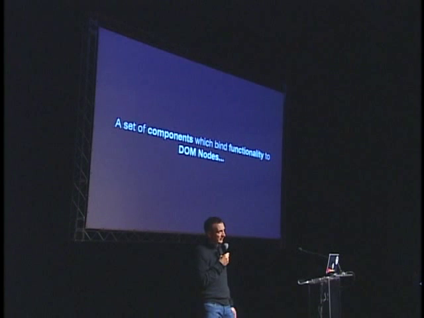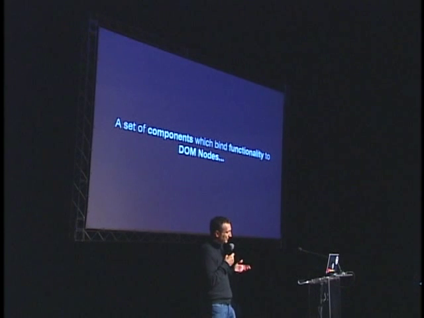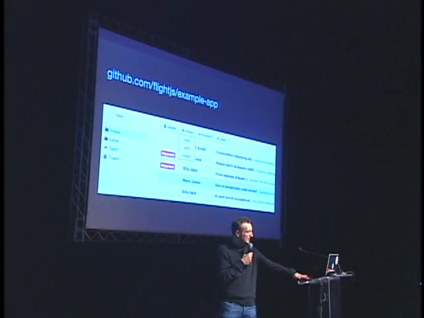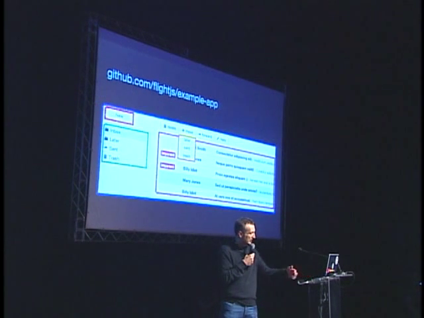And very short summary, Flight is a set of components which bind functionality to DOM nodes. So you have discrete functionality which applies to an element in the page. So for example, this is the sample app that comes with Flight. It's an email client, and we can identify some components there.